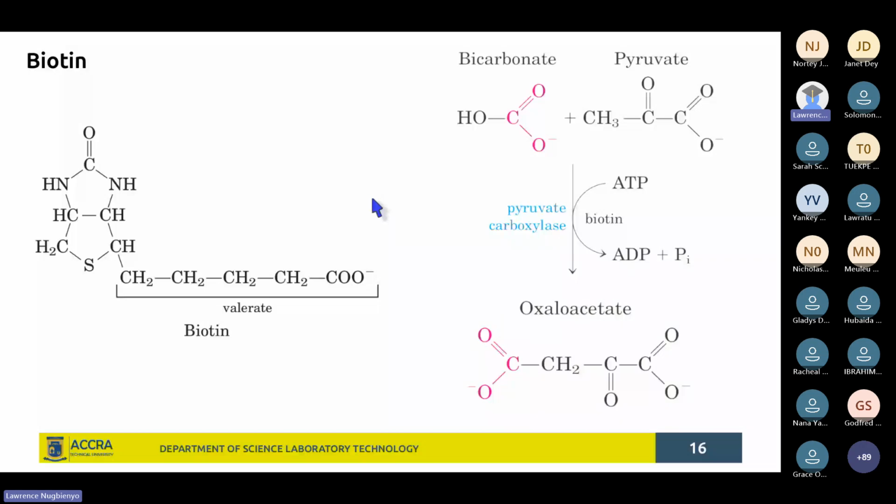And you see here, this is a bicarbonate ion having this carboxyl group, which is in red. And you see pyruvate. We have seen the structure already. Pyruvate, a keto acid. And we see the enzyme, pyruvate carboxylase.